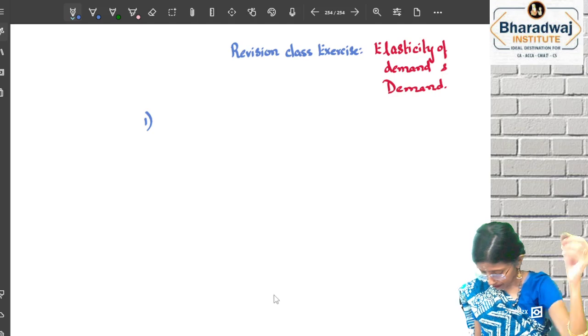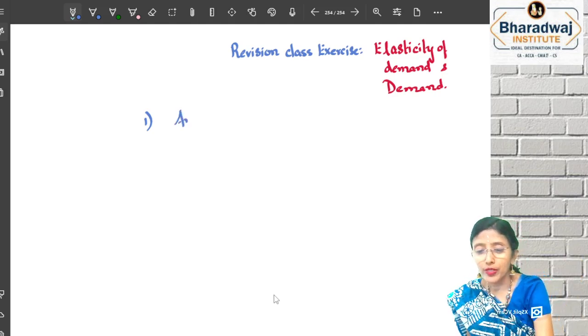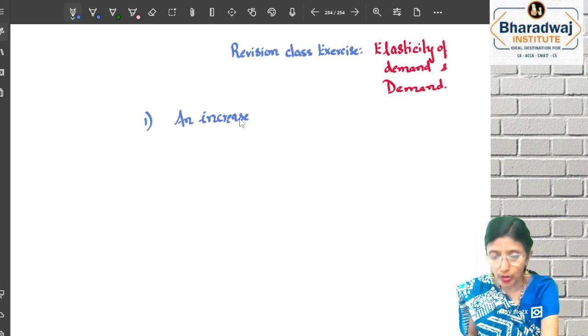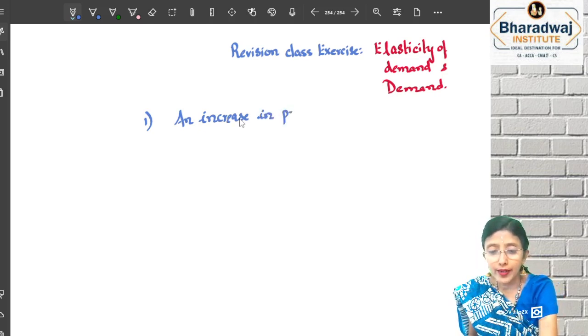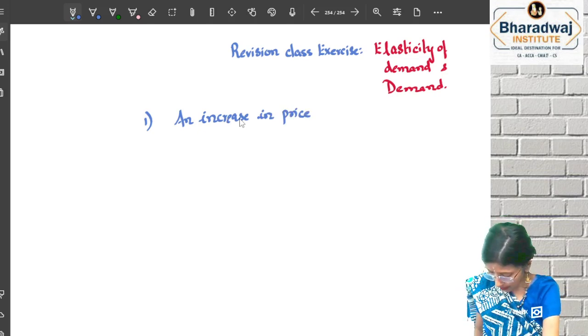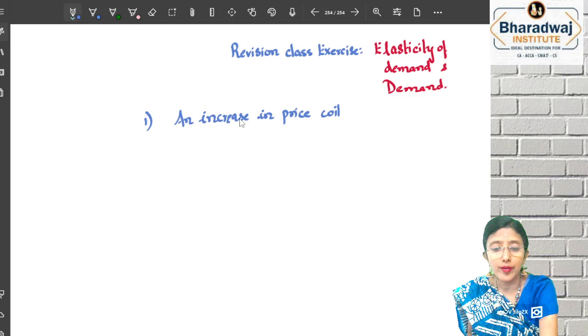Question 1. One type of question in which the examiners find it very interesting. So this is also an analytical but non-numerical question.